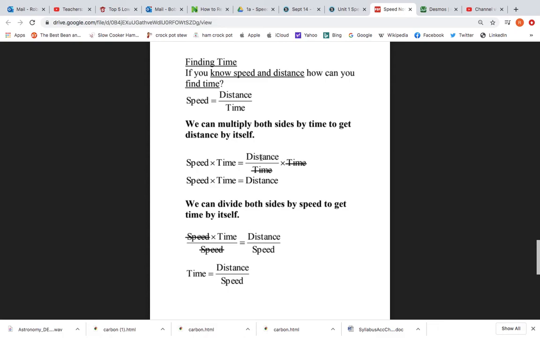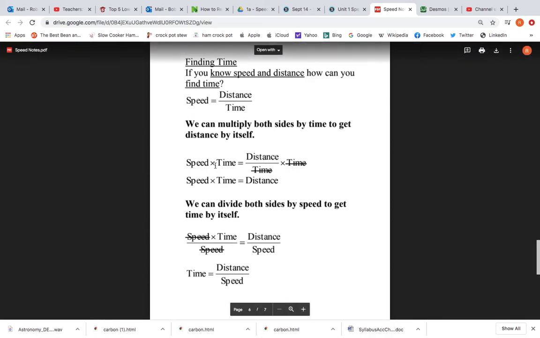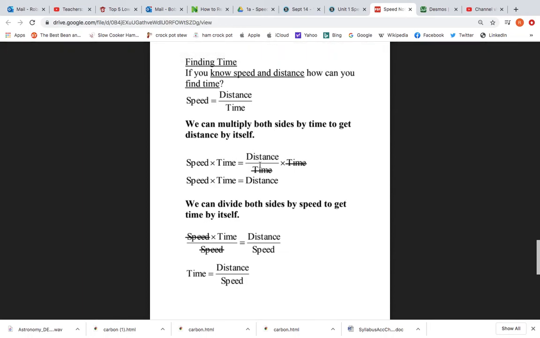Speed equals distance divided by time. Multiply both sides by the time. That will get you speed multiplied by time equals distance. Then you can get the time by itself by dividing both sides by the speed. So time equals distance divided by speed.